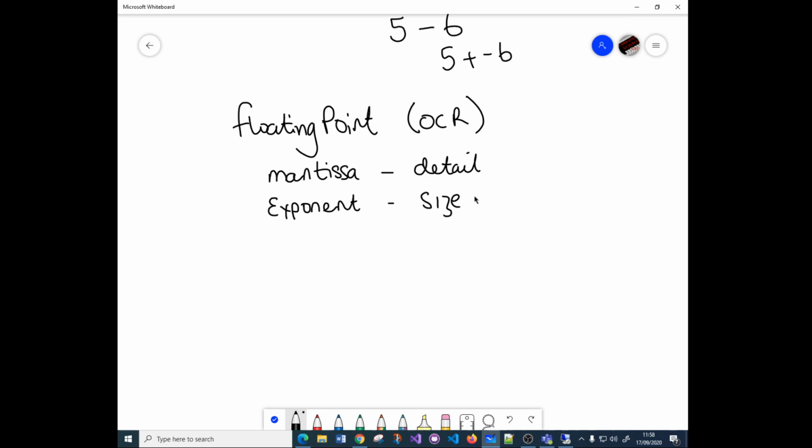How they express it in the exam is entirely up to them. They've never not used 2's complement, but they could turn around to you, so be warned, they could say, oh, the exponent is held in sign and magnitude. But they shouldn't do that, but they might do. They'll tell you how many bits. In reality, single precision floating point is 32 bits, but because 32 bits is a lot of bits, and you will screw that up, that's why they make this thing up.